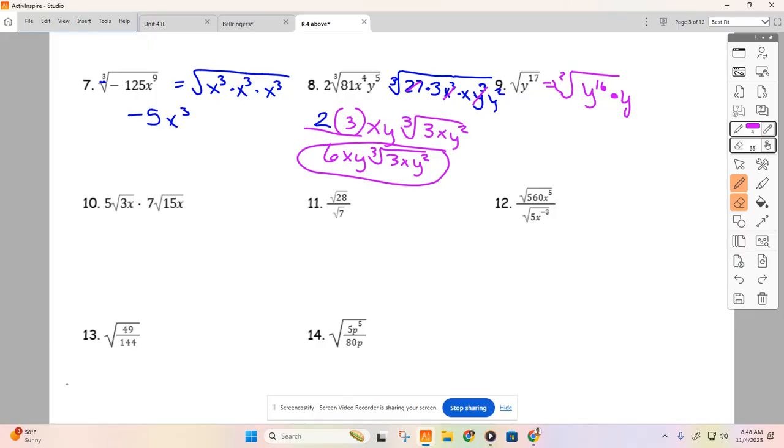So 16, how many squares would be in 16? 16 divided by 2 is 8. So that comes out, and what's left underneath is just the y. So what I basically did was take 16 divided by the index.